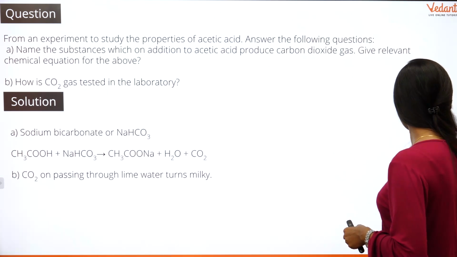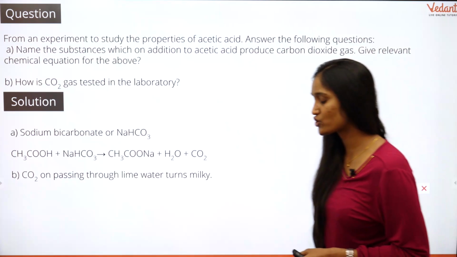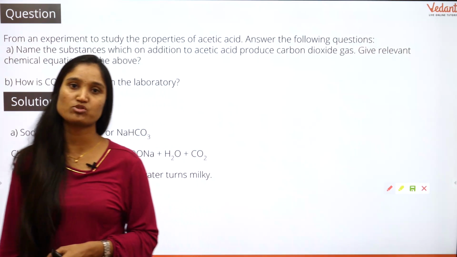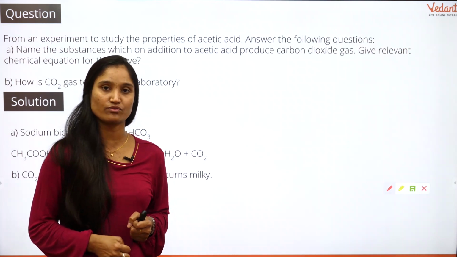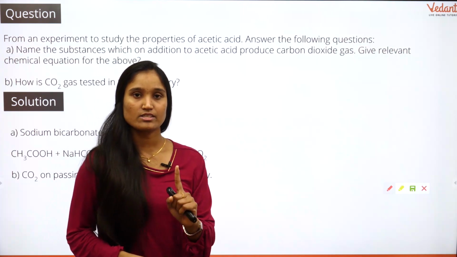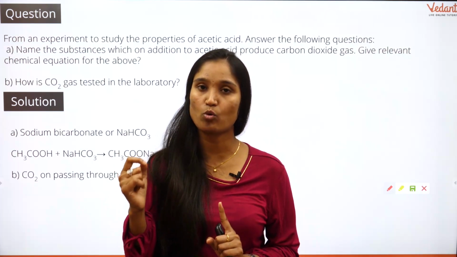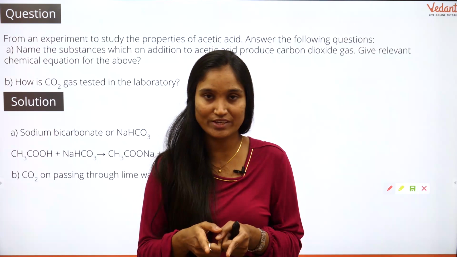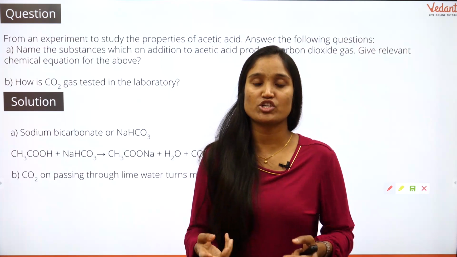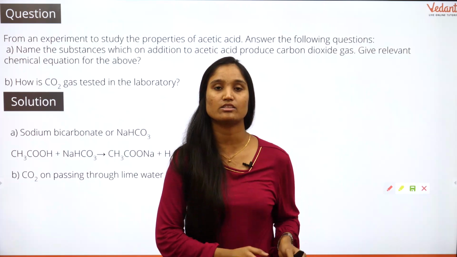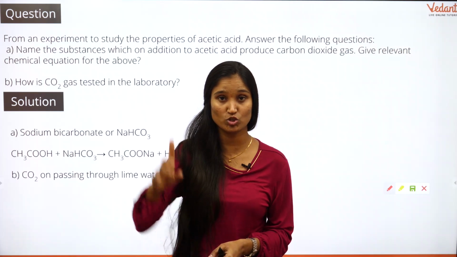We are talking about how do we get to know which substance will give you CO2 on reaction with acetic acid. The same reaction is also a part of that one question which is most important. And you know which question is that? How do you differentiate chemically between ethanol and ethanoic acid? Remember Sprint 1.